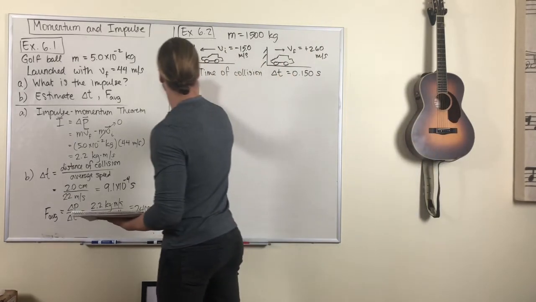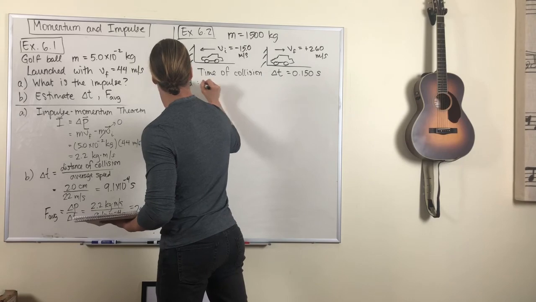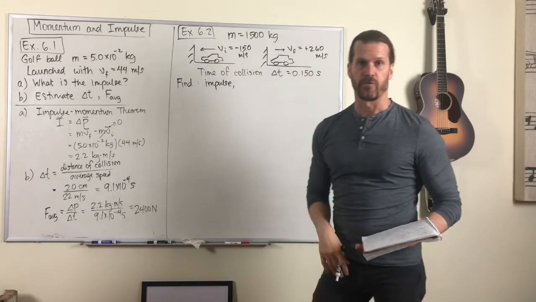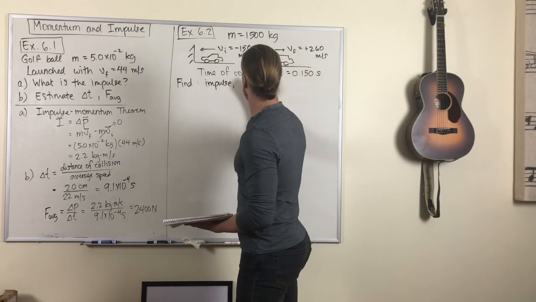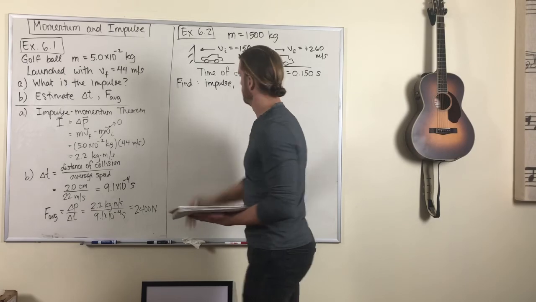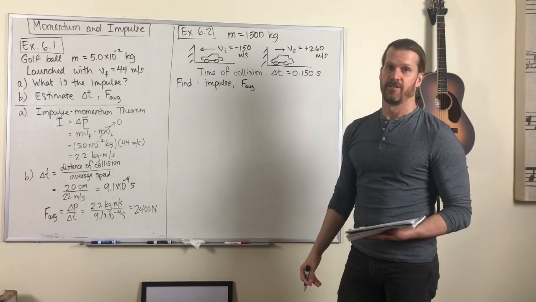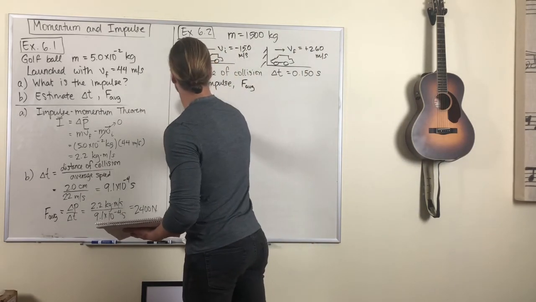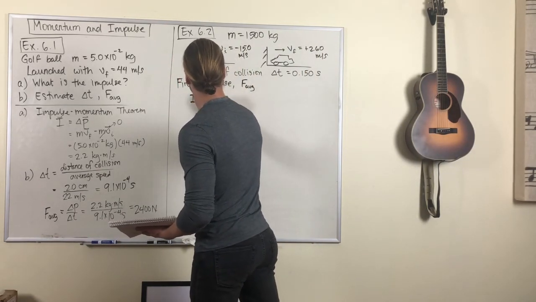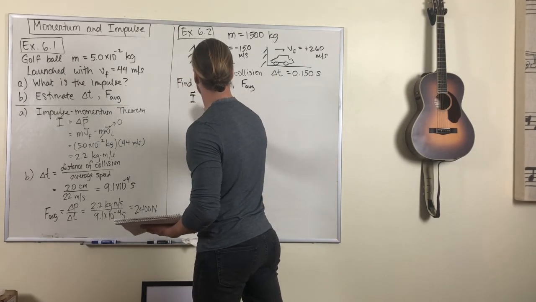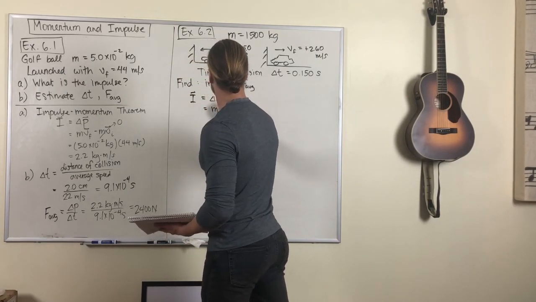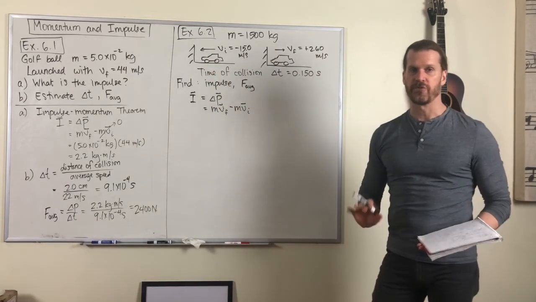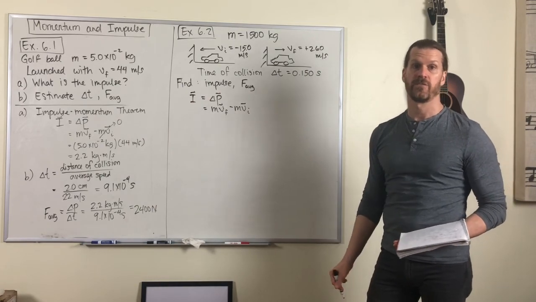So let's find the impulse and the average force applied to the car. We're going to find that it's a very large value of force. So the impulse is the change in momentum, m v final minus m v initial, and we just need to keep careful track of the positive and negative signs.